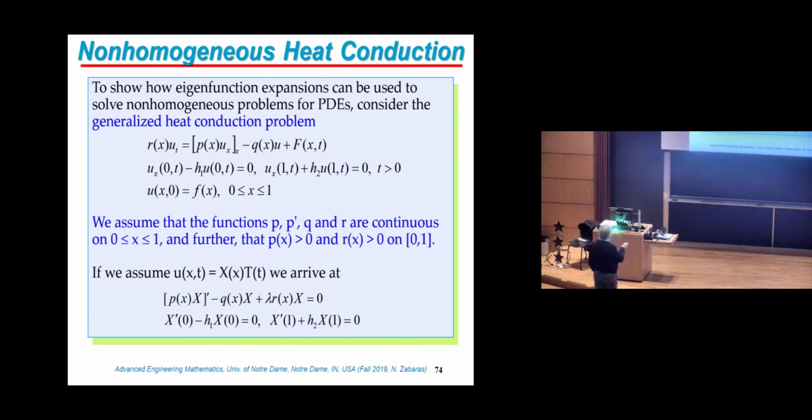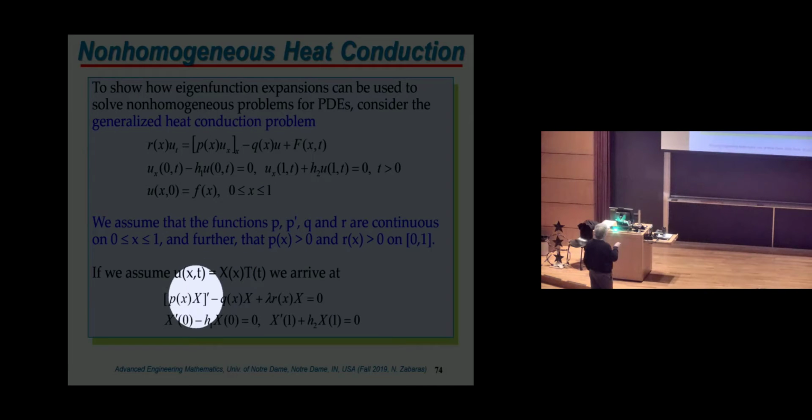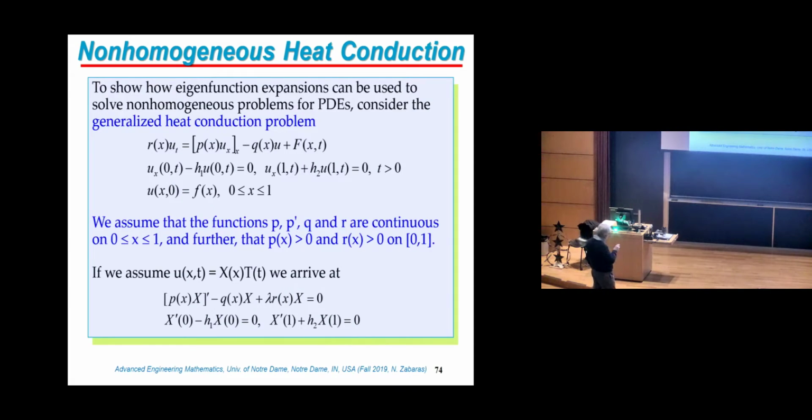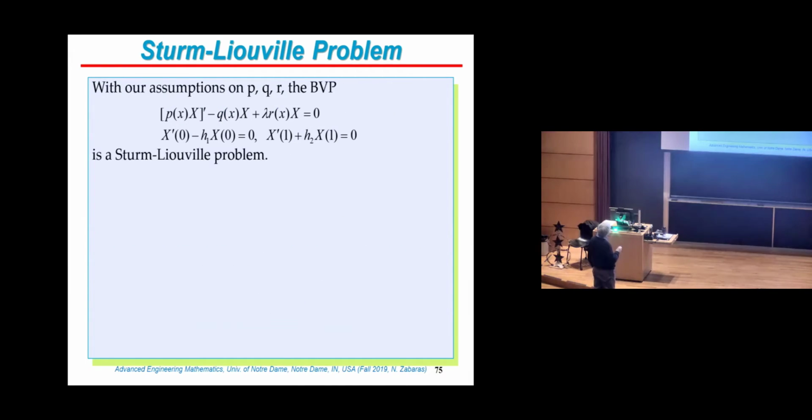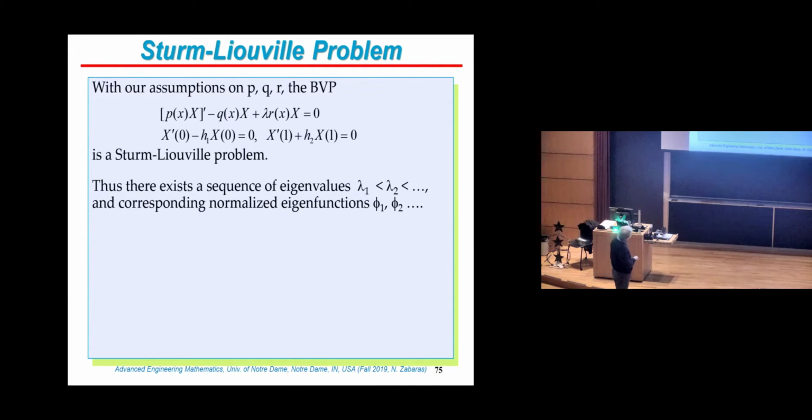The boundary value problem for capital X is the equation that you see here that fits ideally with the Sturm-Liouville boundary value problem, and the boundary conditions for capital X are what you see on the bottom. I hope I can give you the solutions for the transient problem, so we're going to do something about time as well here. We first have to solve this problem.